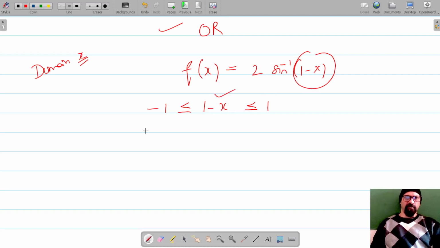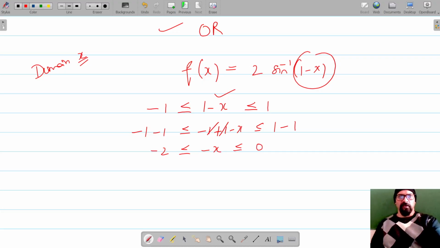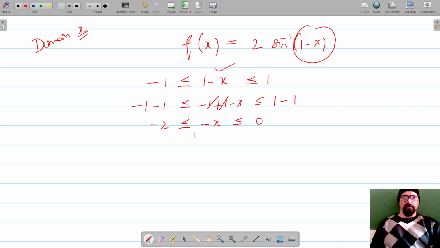Let's try to get the value of x. I'm going to add minus 1 on every side, which gives me minus 2 is less than or equal to negative x, which is less than or equal to 0. If I multiply this with the negative sign, it gives me x is greater than or equal to 0 but less than or equal to 2. So the domain is the closed interval 0 to 2.